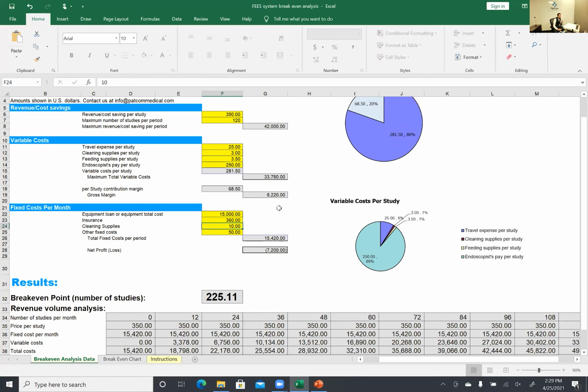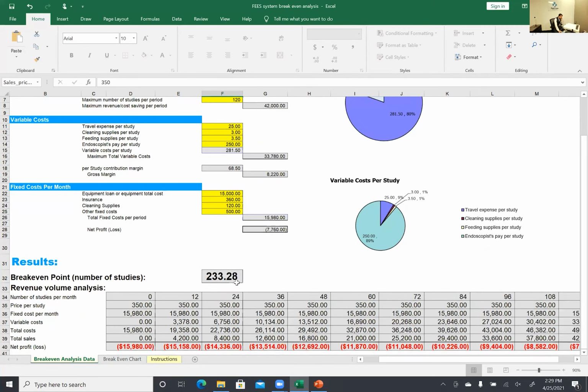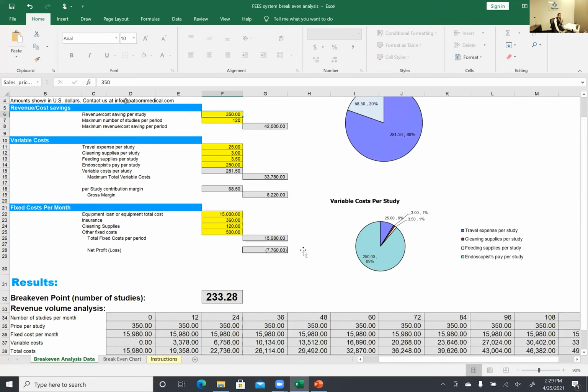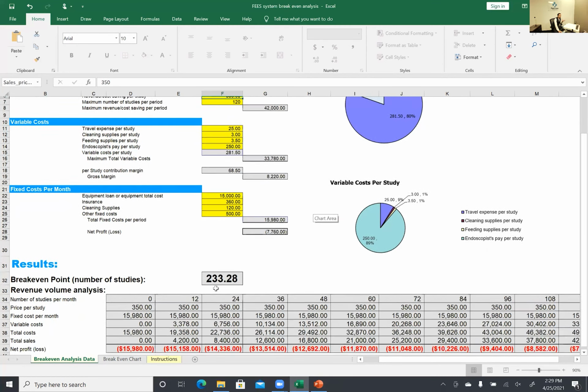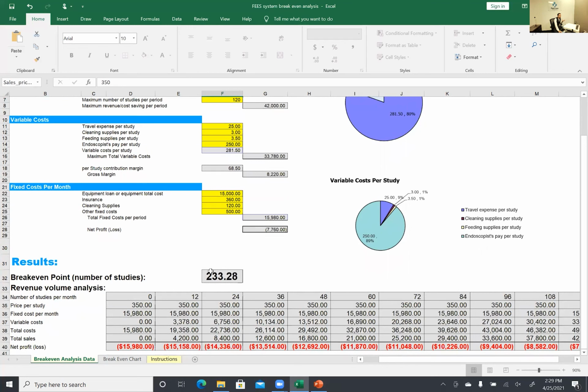And then cleaning supplies will be $120. And then other fixed costs, I'll put that to $500. Okay, so now we're back where we see 233.28, so 234 studies to pay for my equipment, and how fast can I do this number of studies.